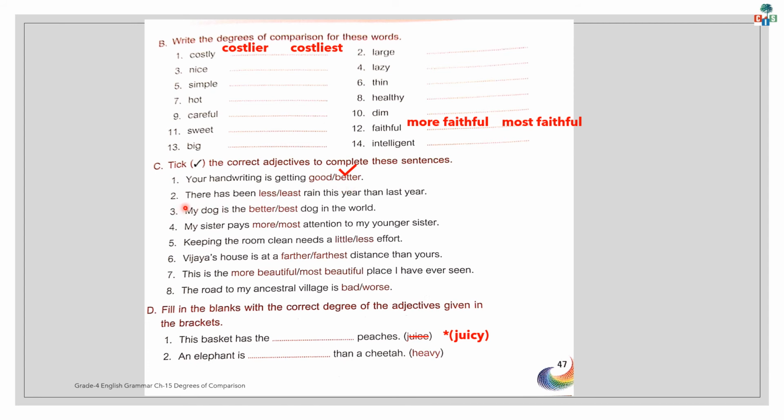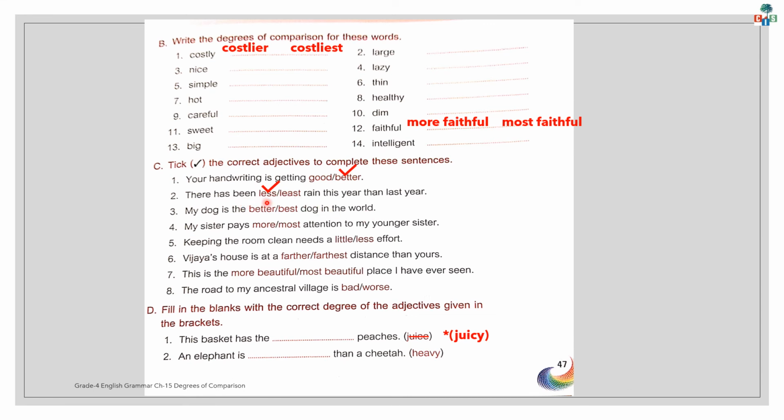Number 2, there has been less or least rain this year than last year. So here also I am comparing years, the last year and this year. So I am comparing two objects, two nouns. So for two nouns, we will use the comparative degree. So the correct adjective is less.